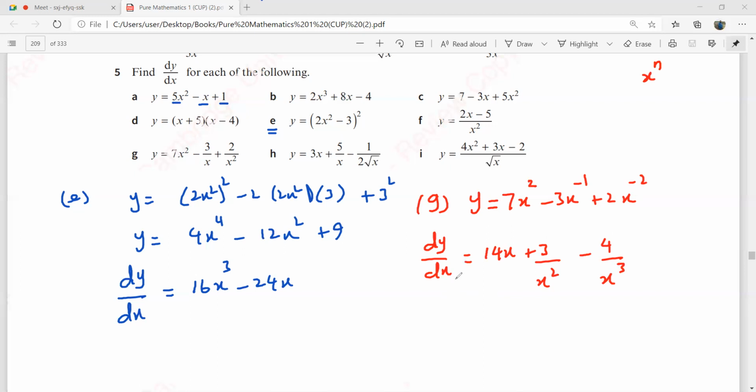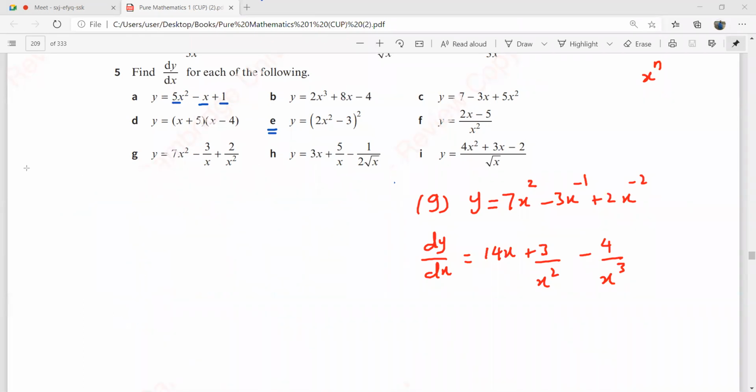Okay. Similarly, if you look at this h part, you will see that again you need to simplify this a bit. So in this h part, I'll first of all write it as y is equal to 3x plus 5x to the power minus 1, and minus half. Don't move this 2. There is no need to move this 2 here, okay? Minus half x to the power minus half.